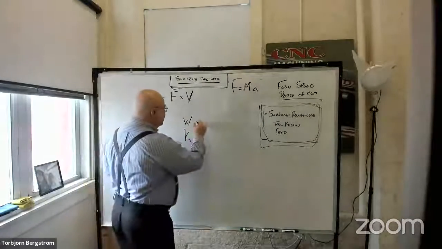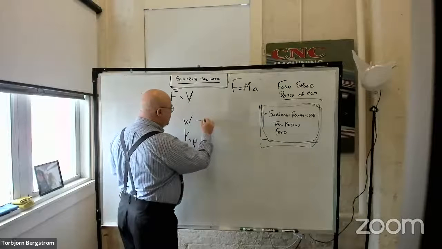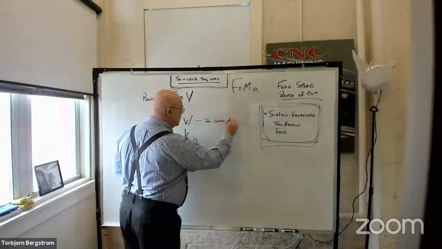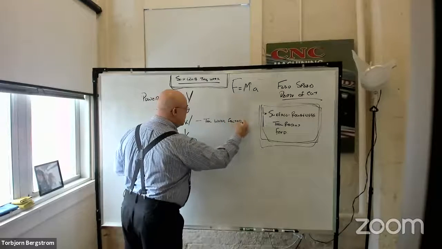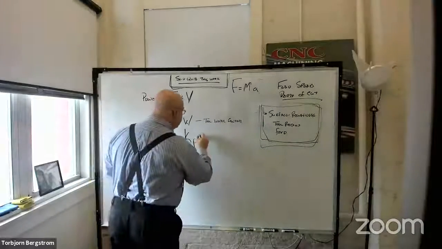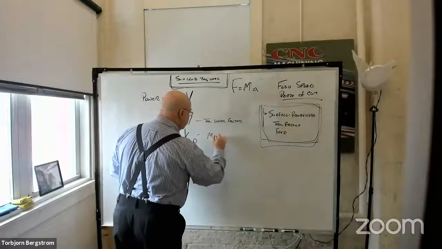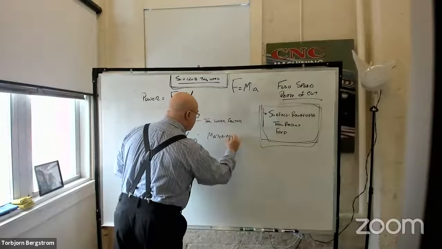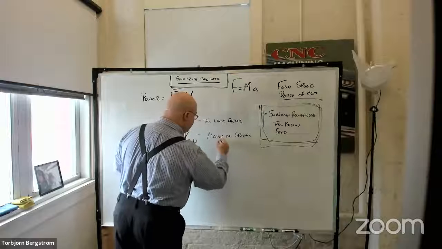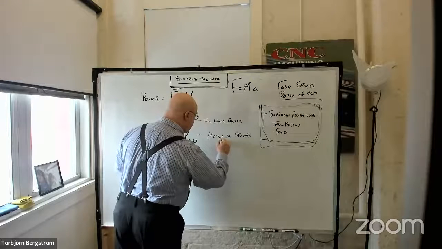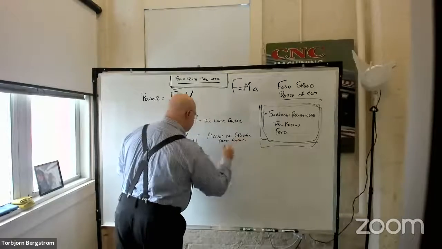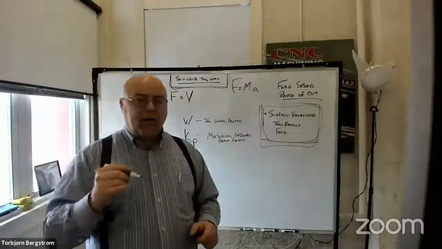And so W actually stands for tool wear factor, which is really just a measure of how sharp the tool is. KP is material specific. It's the material specific power factor.